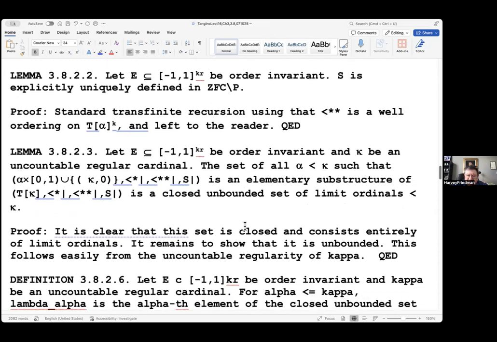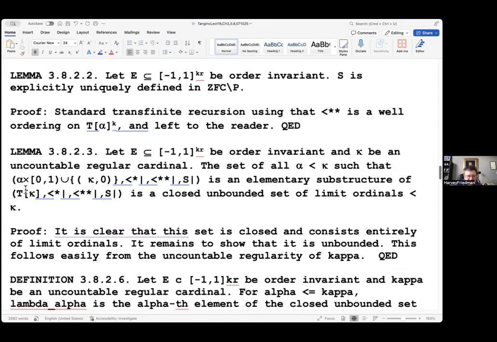Now, 3.8.23. So E is order invariant and kappa is an uncountable regular cardinal. Now, uncountable regular cardinals, omega 1 being the least one, play an essential role in this and just about anything in set theory that's going on. Now, we take the elementary substructures which have no gaps.